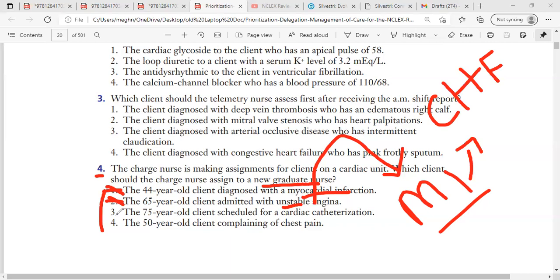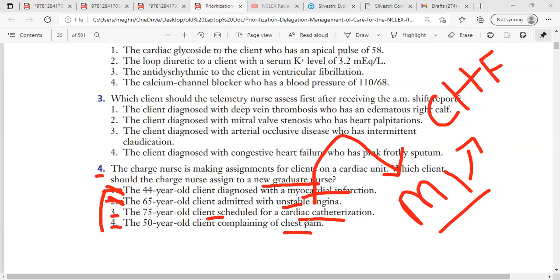And number 3 and number 4. Number 3, a 75-year-old client scheduled for cardiac catheterization. Scheduled, right? Very stable. Number 4, a 50-year-old client complaining of chest pain. This also needs assessment. We do not know if this chest pain is because of MI, unstable angina, gastric problems or pancreatitis.